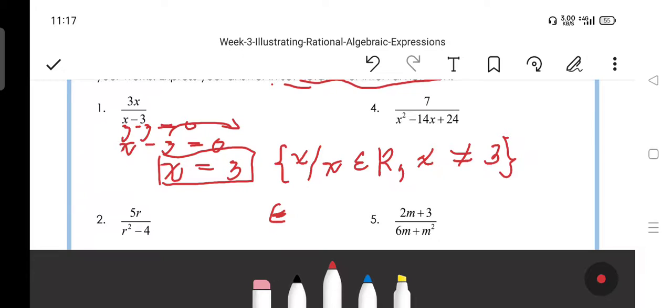That's it. So any number except 3. So x should not be equal to 3. That is how we're going to express our answer in set notation.